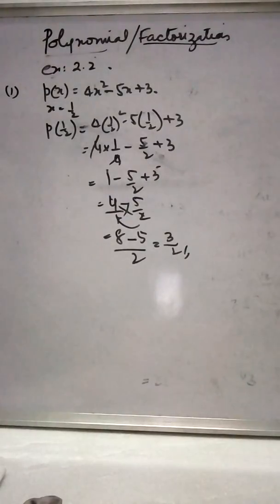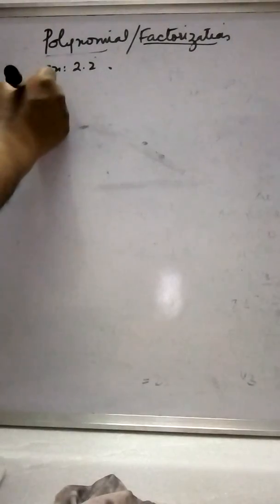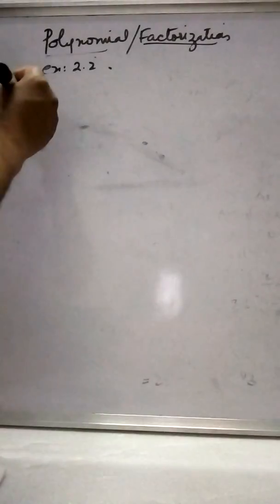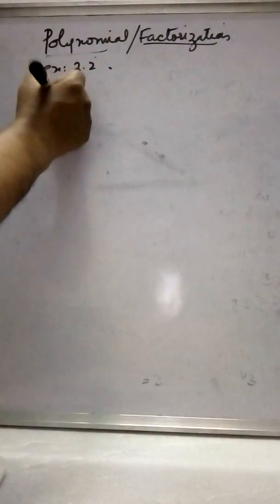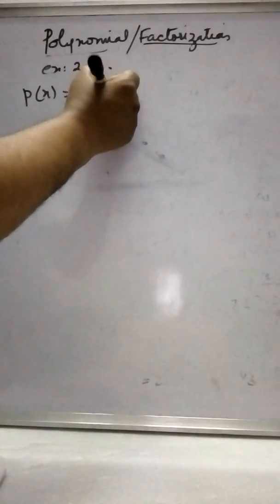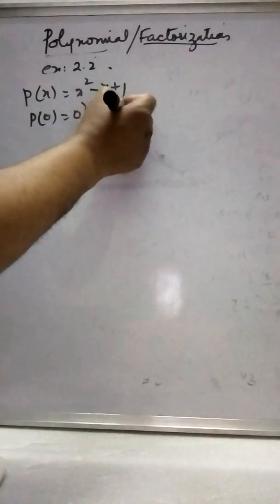So when x is equals to 1 by 2, p of x will be 3 by 2. Find p of 0, p of 1, p of 2 for each of the following. So second question is given as p of x is equals to x square minus x plus 1. So p of 0, which is equals to 0 square minus 0 plus 1.